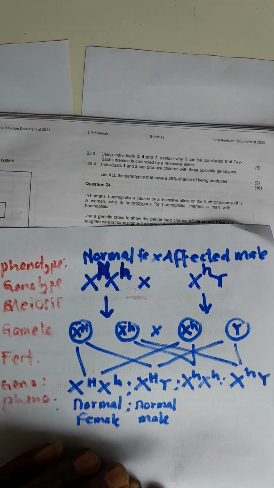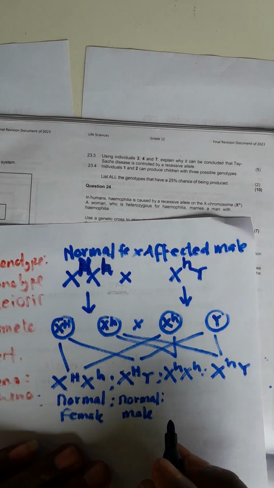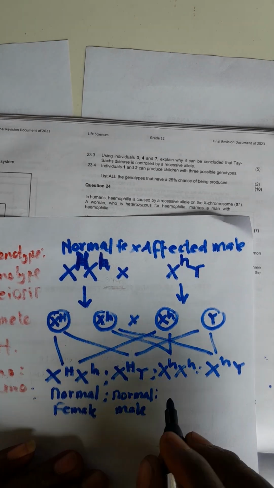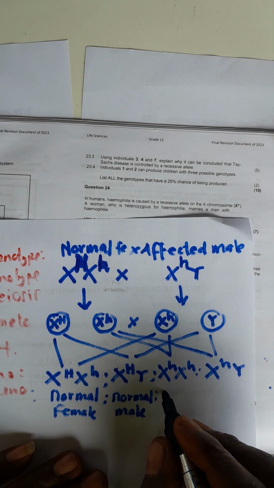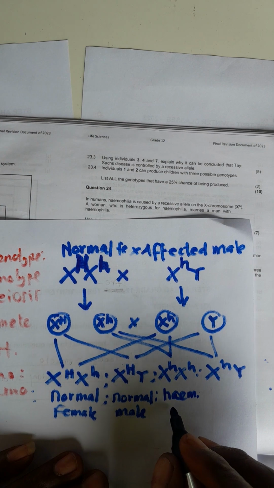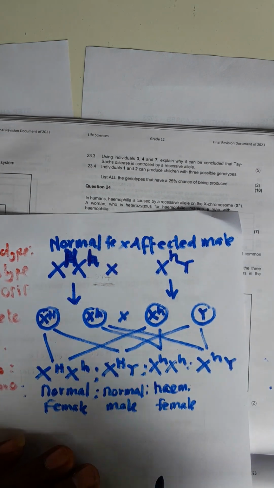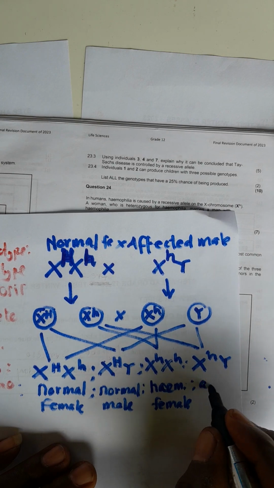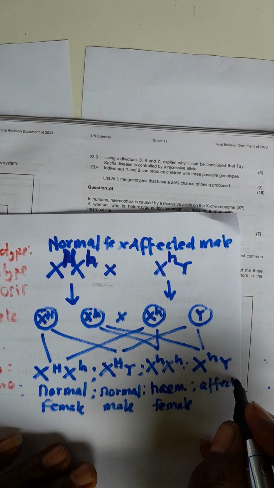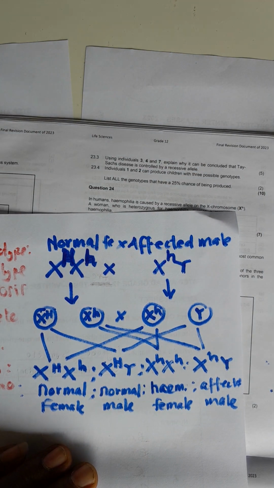Once you leave out the gender, then it means your answer is incomplete. What about this one? It's going to be hemophiliac female or affected female. And this one also is going to be affected male. So that is going to be the phenotype.